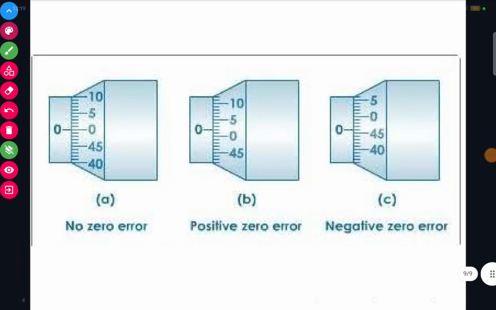How will you find out that there is no zero error? If the baseline of the main scale is coinciding with the circular scale 0, then there is no zero error.